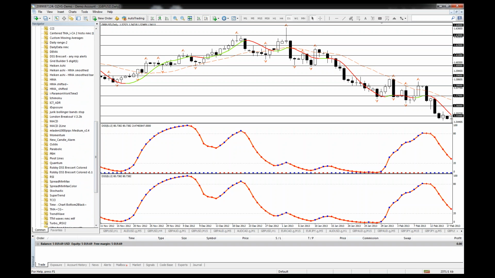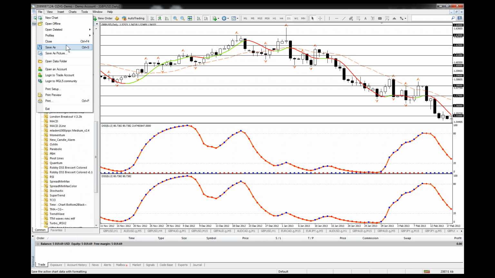No, let me just do a quick search. Okay, we got a few of them here. And of all the special indicators, the one that I found to be the most useful has been the hull.